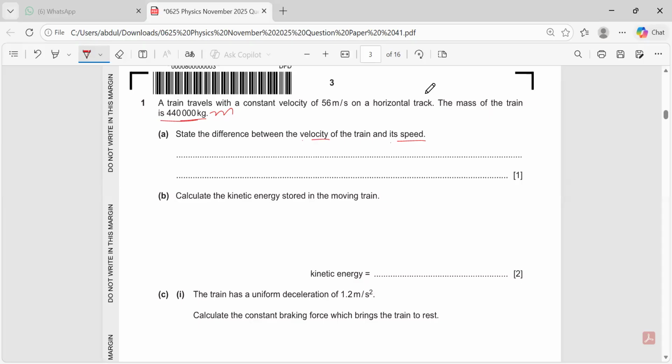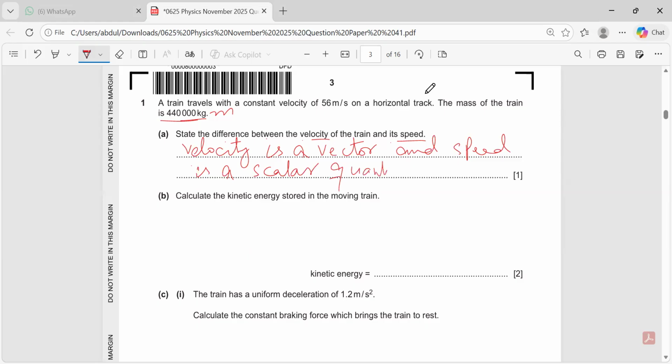I will be writing V for velocity, and V for vector. It is only one mark. So velocity is a vector and speed is a scalar quantity.